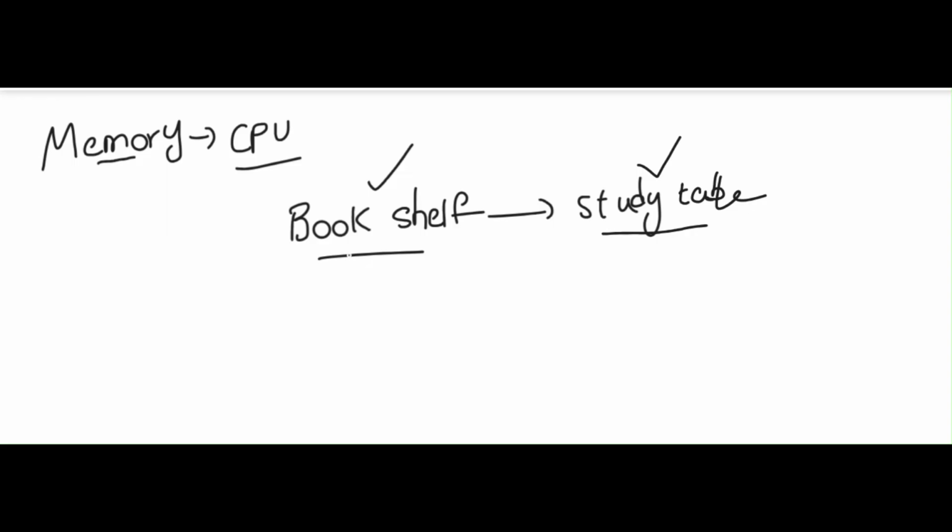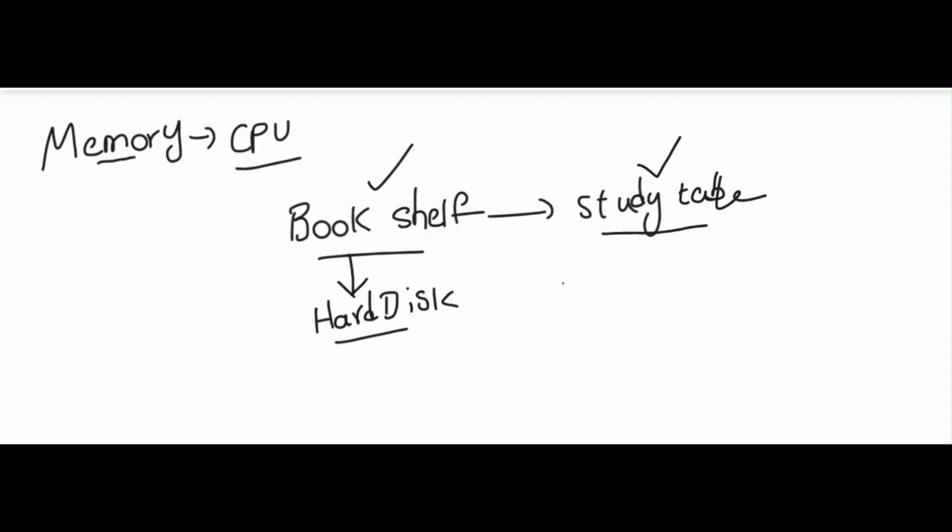Similarly, in the system, for the long run, for permanent storage, we do have something called a hard disk. Hard disk is an area where the data will be stored. It's a unit of the CPU where the data is stored permanently.